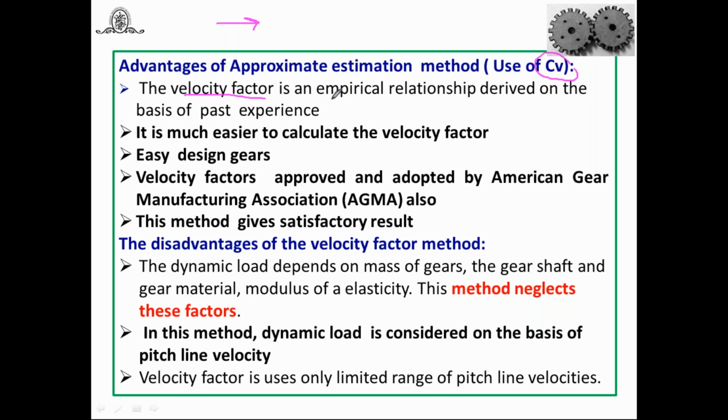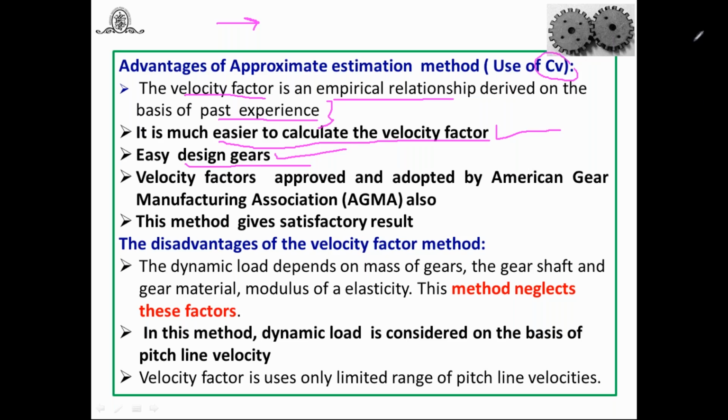You know very well, this velocity factor is an empirical relationship derived on the basis of past experience, and it is readily available to find out the CV. It is based on velocity or pitch line velocity, and that's why these empirical relations are very simple, very easy to calculate, and that makes your design of spur gear very easy.